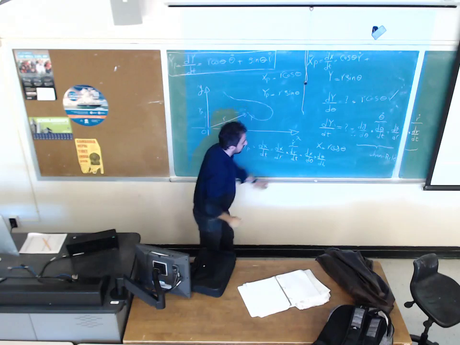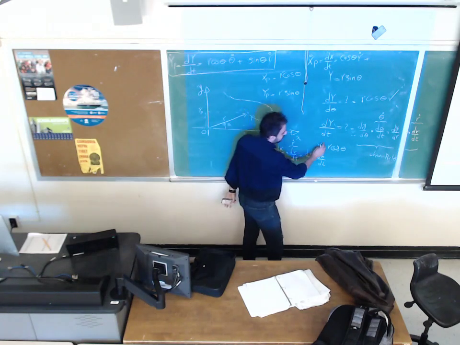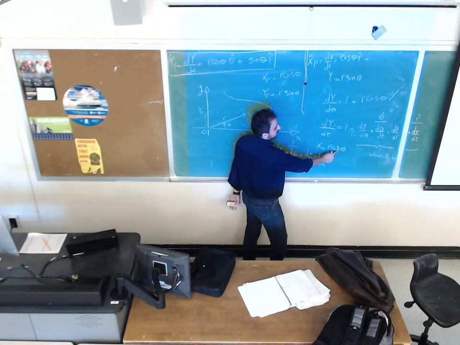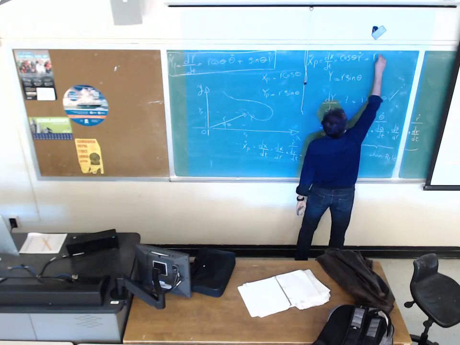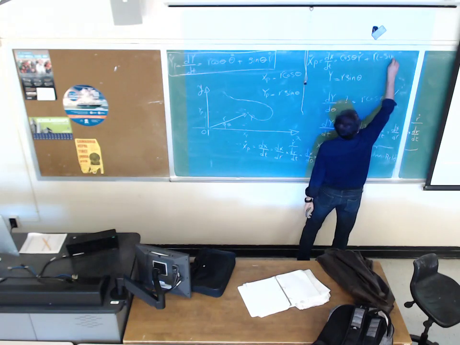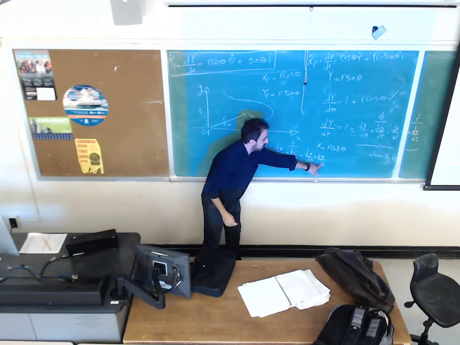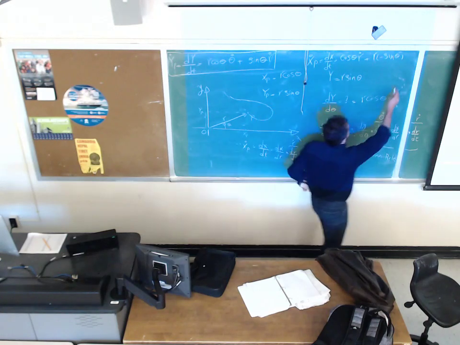Plus dx over d theta. This function is a function of theta. The derivative of cosine with respect to theta is going to be negative sine, so negative r sine of theta, multiplied by d theta with respect to time, or theta dot.